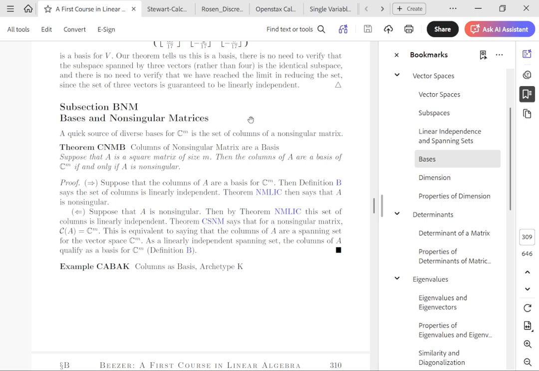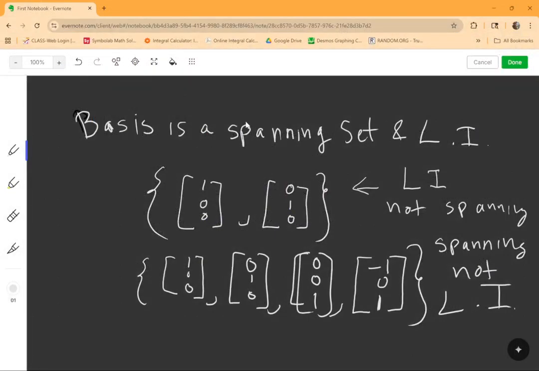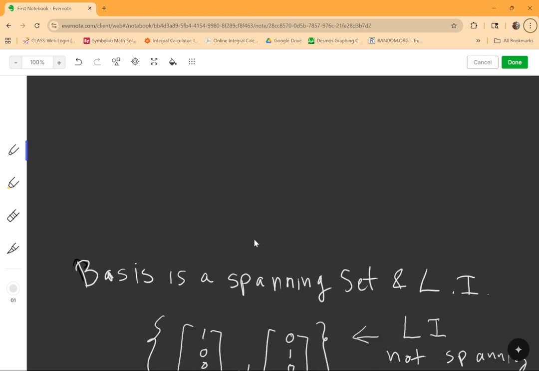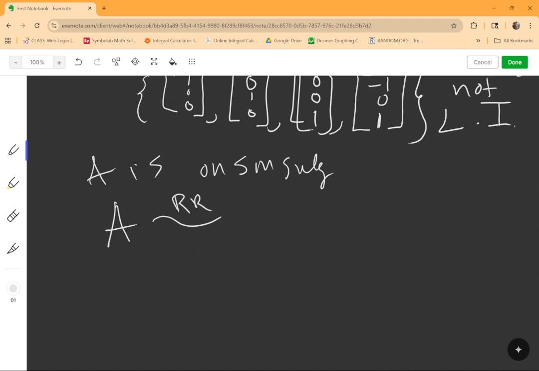Now that makes sense, because if you think of A being non-singular, what does that reduce to? So here, let me get back to the board. It makes sense because if A is non-singular, A row reduces to I3, or In, I should say.